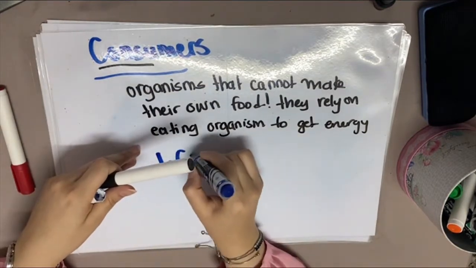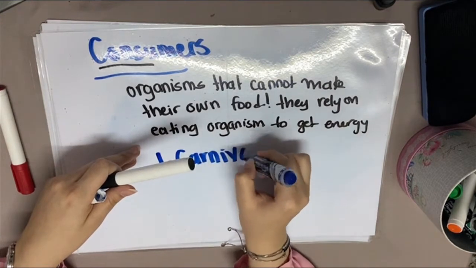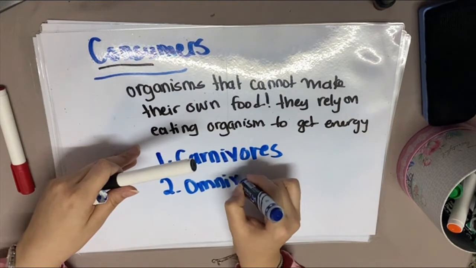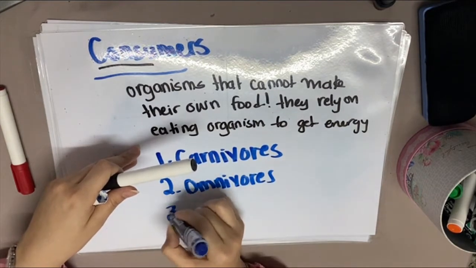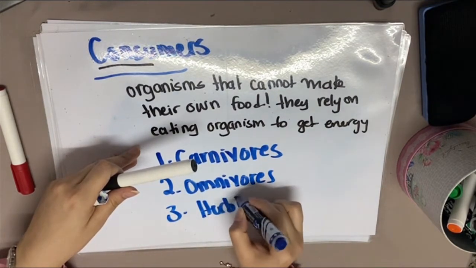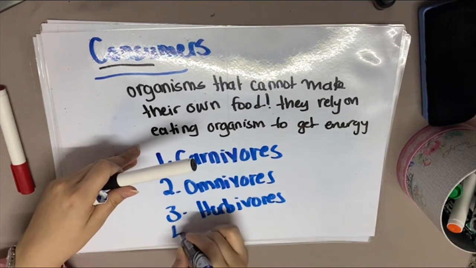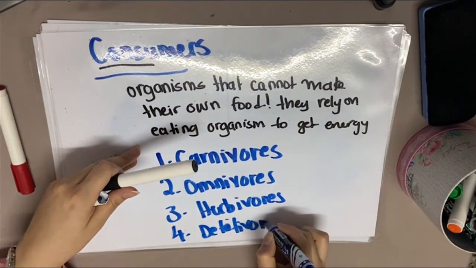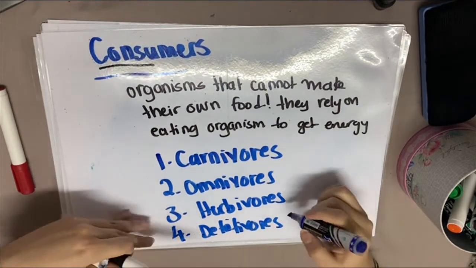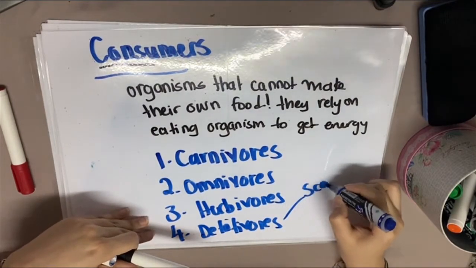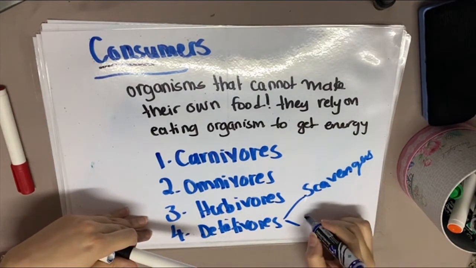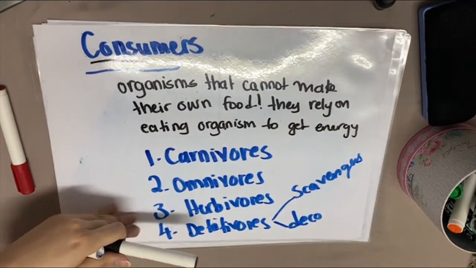We have carnivores, omnivores, herbivores, and finally, detritivores, which also have two kinds, scavengers and decomposers.